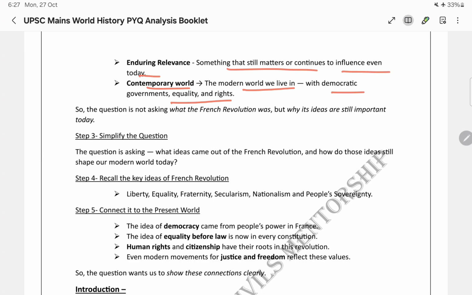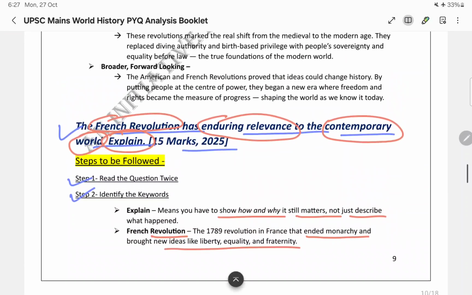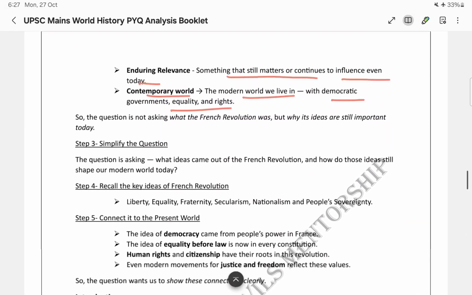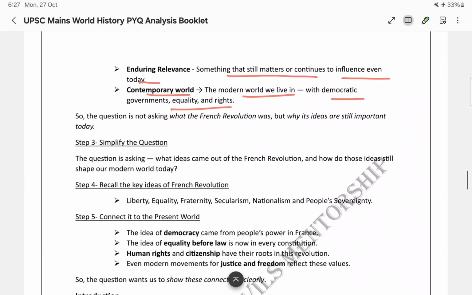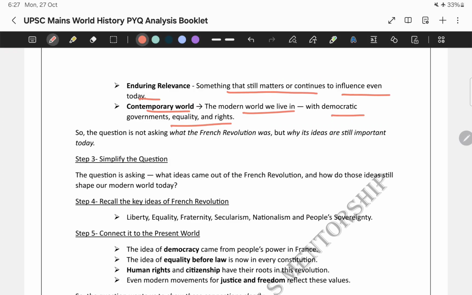So let me simplify this question for you. What was my original question? The French Revolution has an enduring relevance to the contemporary world; we need to explain it. But after going through the keywords, let us simplify the question. What exactly is the question asking?